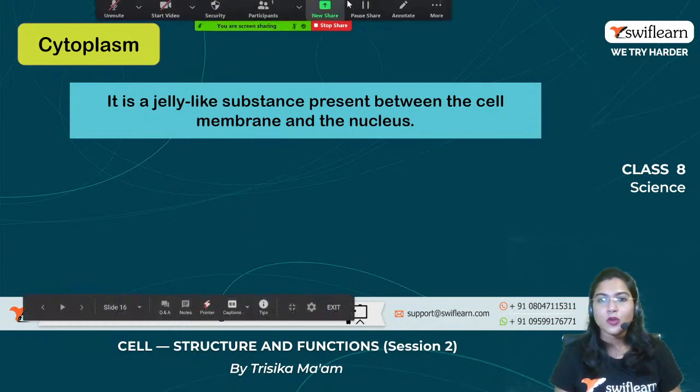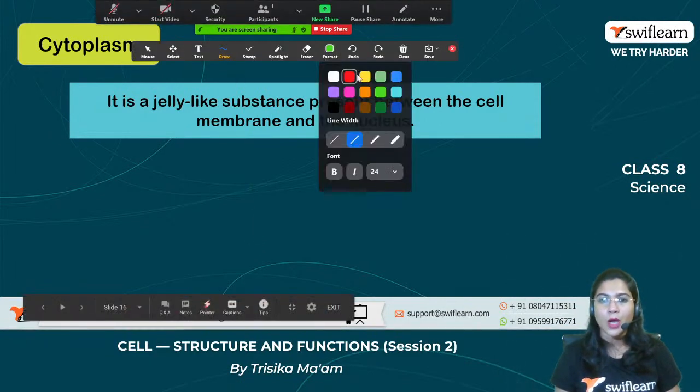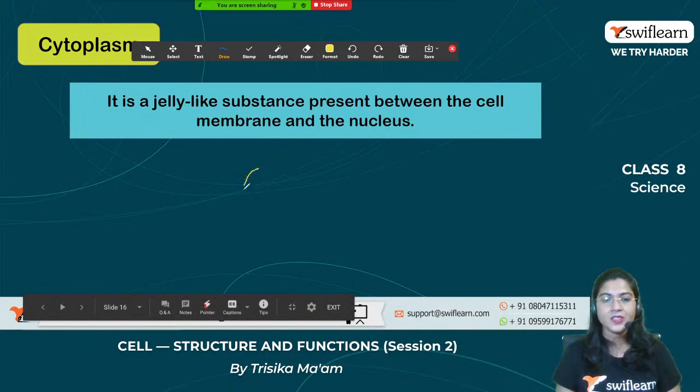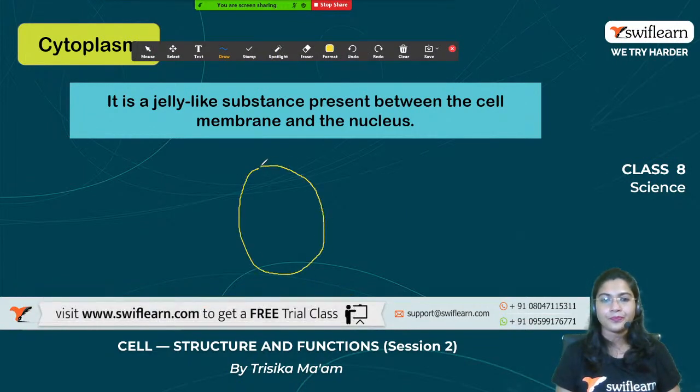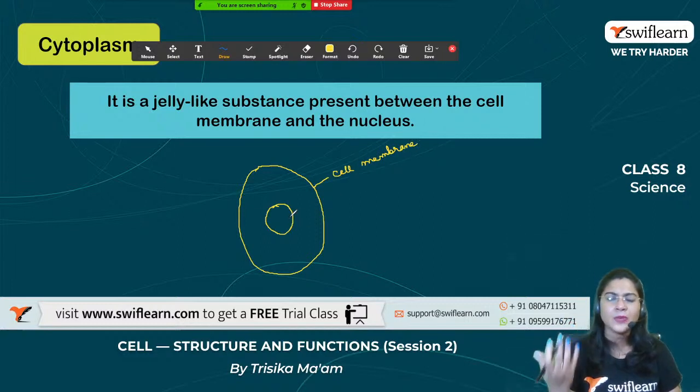Okay, let me draw one thing and let me show you how it is present. So let it be a cell, and it is having the nucleus within it. So this outermost part is the cell membrane. I'm not mentioning whether it is a plant cell or animal cell. Because cell membrane is present in both the cells, you can take it as the animal cell also. And this is the nucleus.